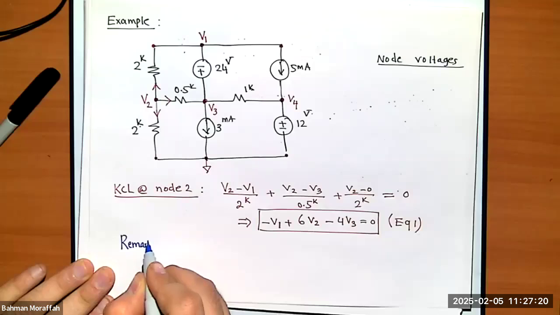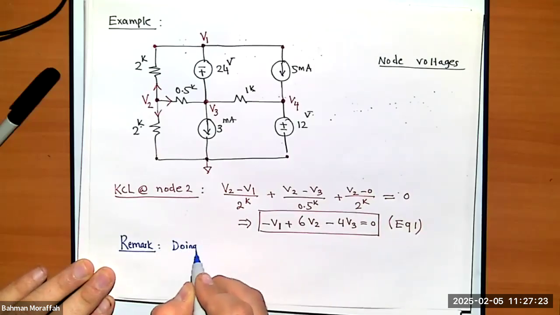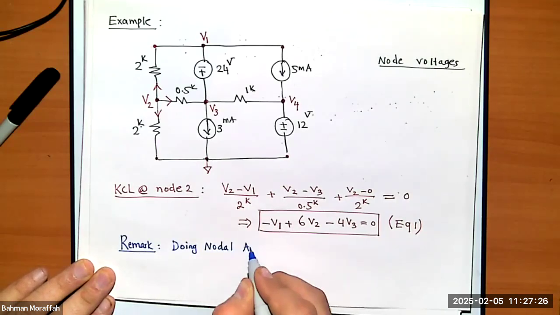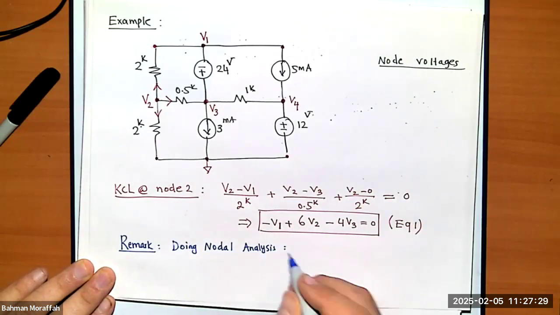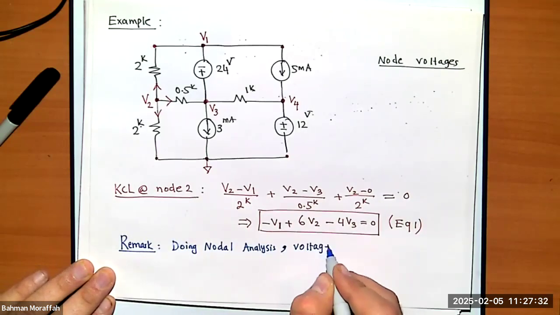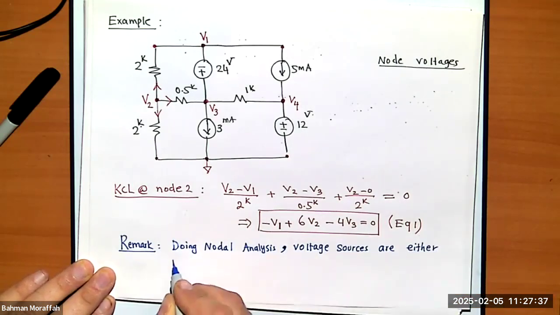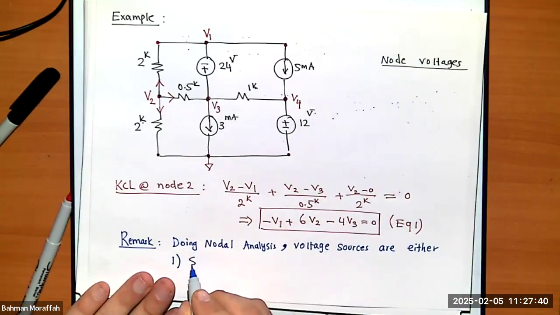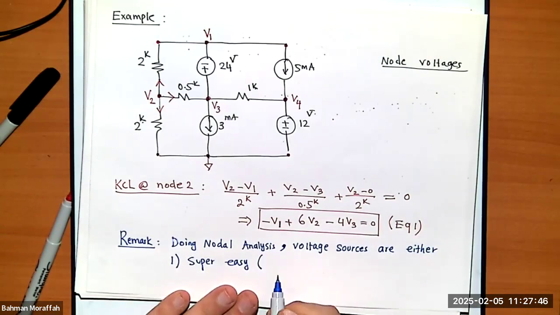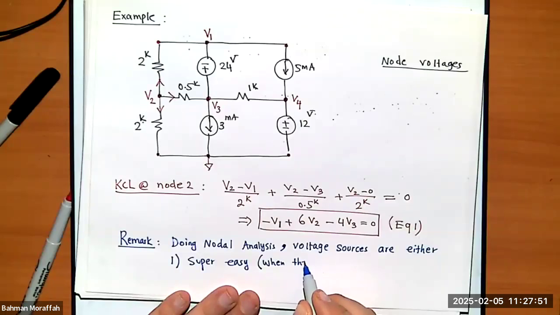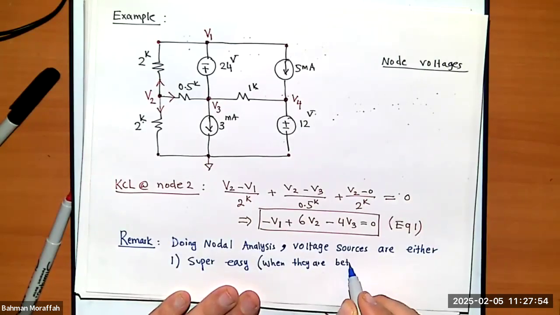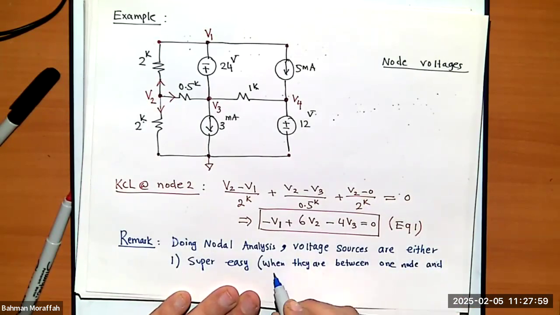Remark. Doing nodal analysis, voltage sources are either one, easy, super easy, which we know that's the case when they are between one node and a reference.